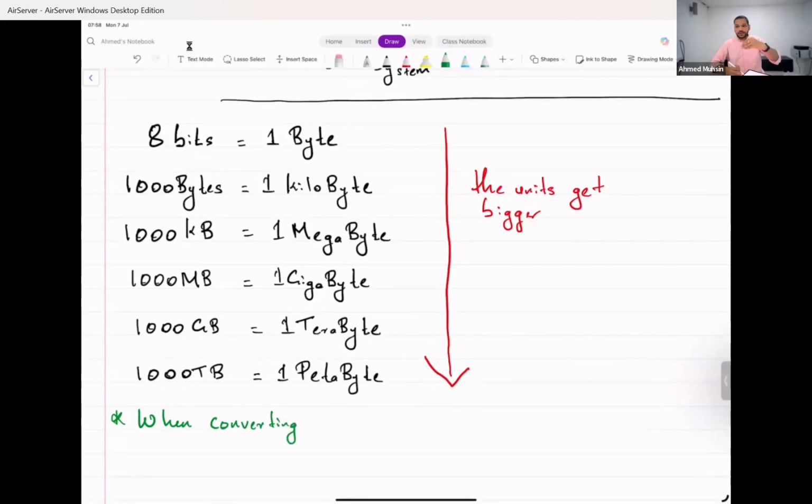When converting from a big unit to a small unit, we keep multiplying.